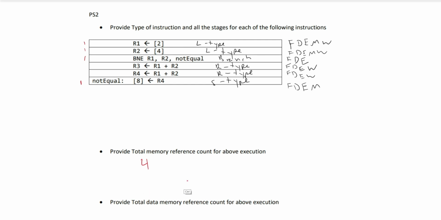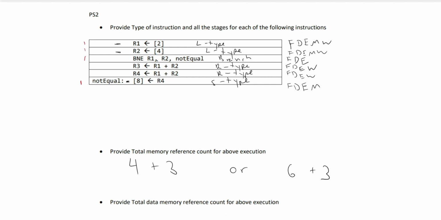We also have to add the number of times you go to memory for any L type or S type instructions, which is the first line, the second line, and the last line. So it's either 4 plus 3 or 6 plus 3 for the total memory reference count.